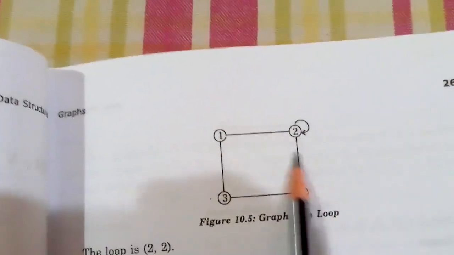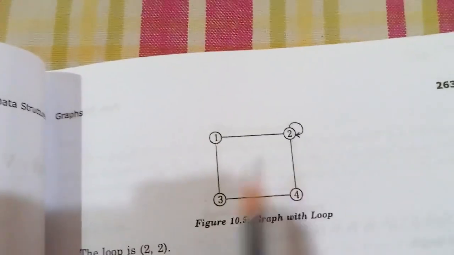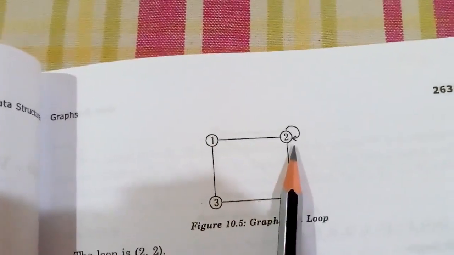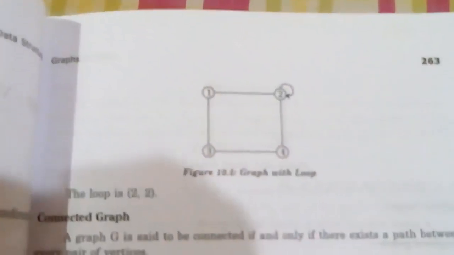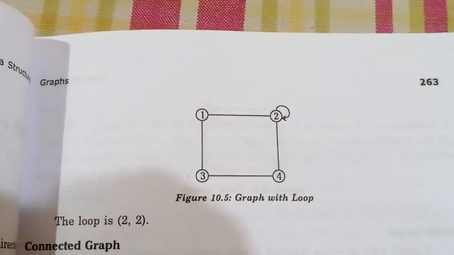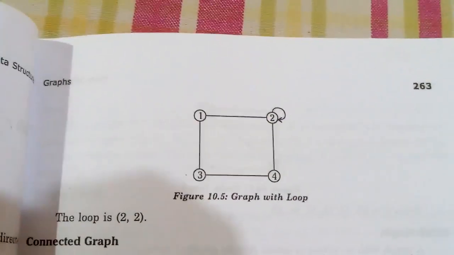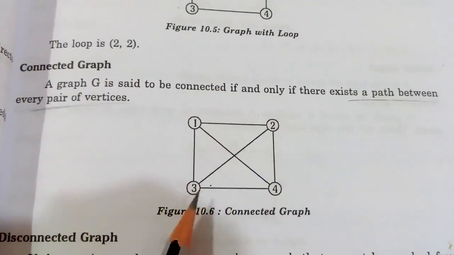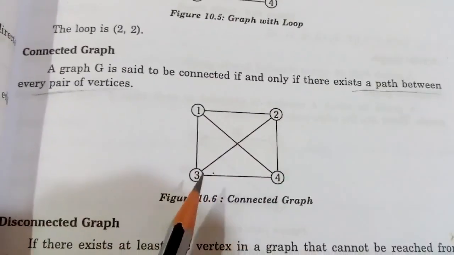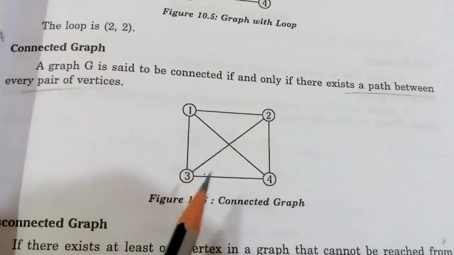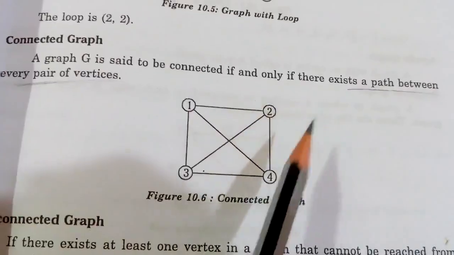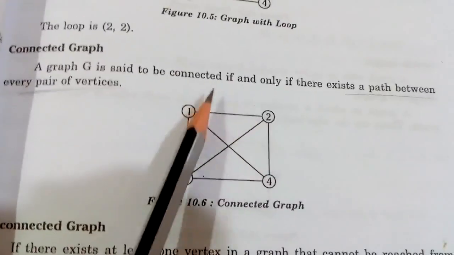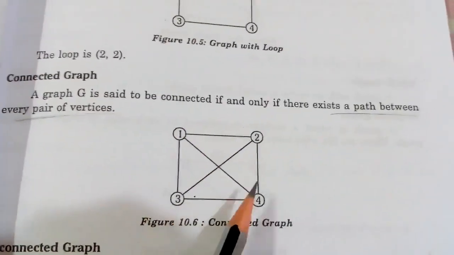The loop is 2, 2. Next, connected graph. So here a graph is said to be connected if and only if there exists a path between every pair of vertices.